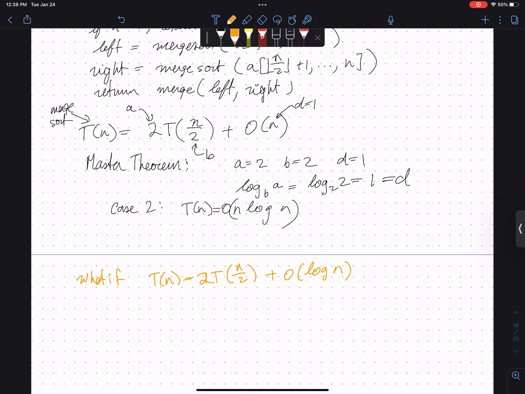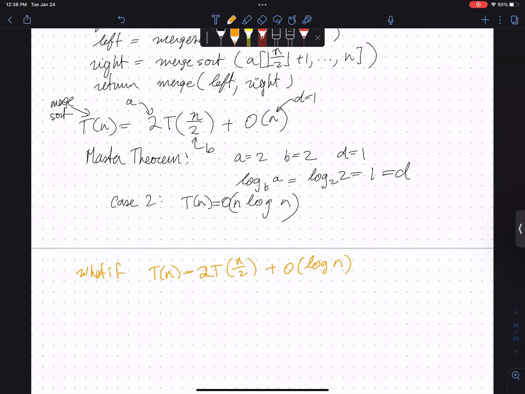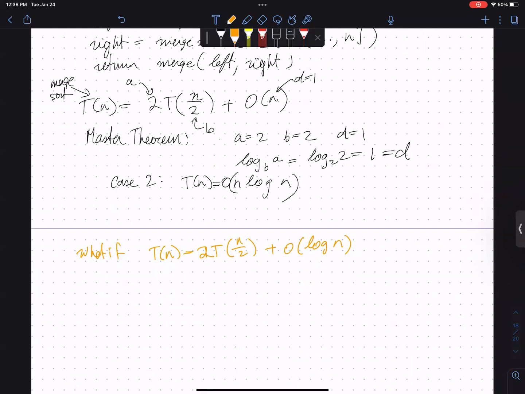Well, in here, the master theorem, you can't use it just by plugging things in, because this is not a polynomial. This is similar to one of your homework problems. You can say, look, this O of log n, on one hand, is less than n.